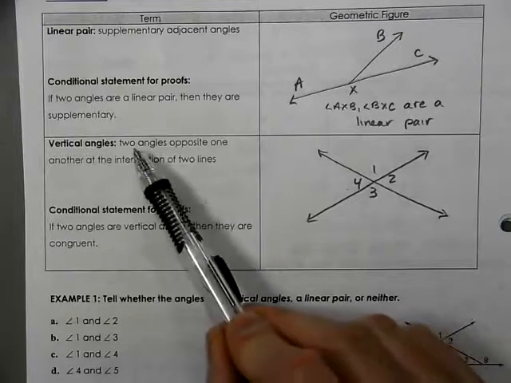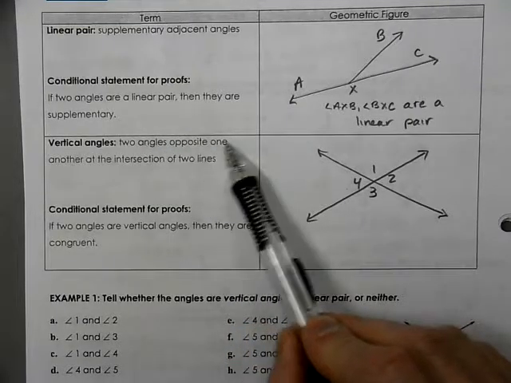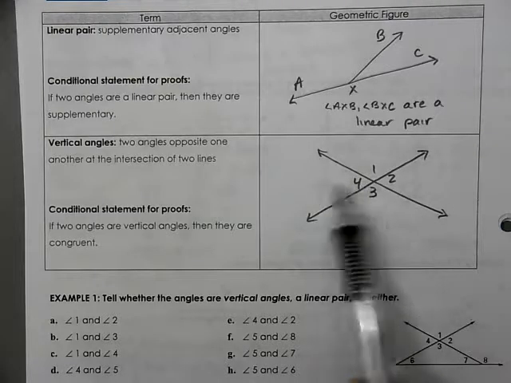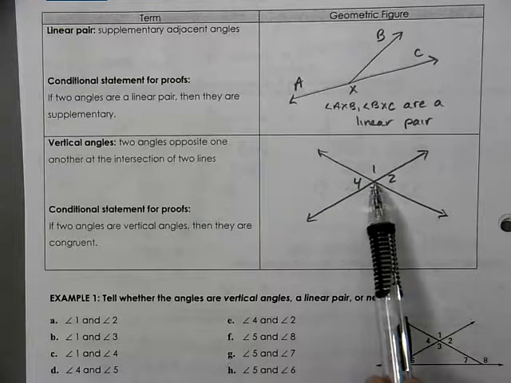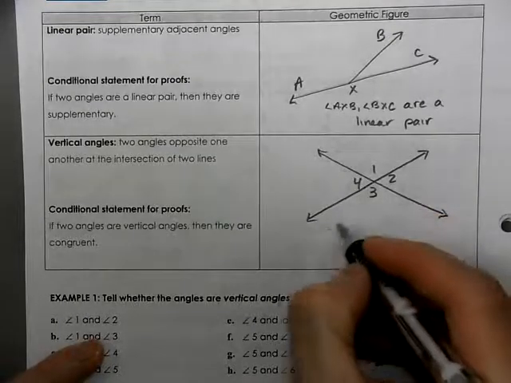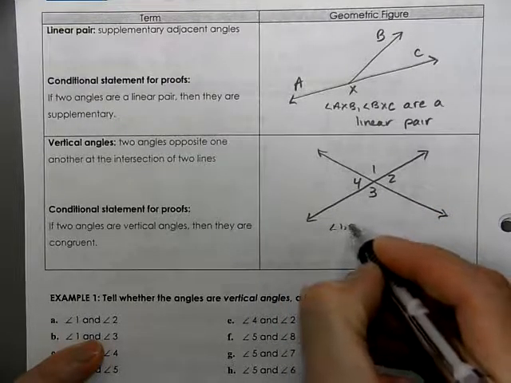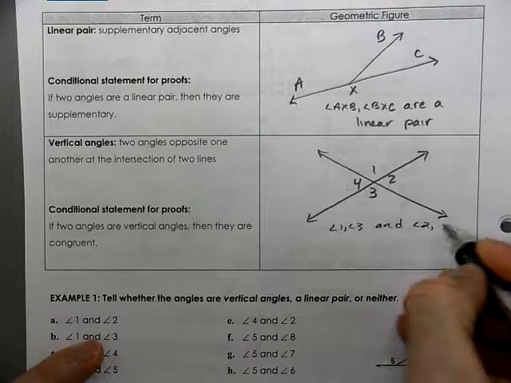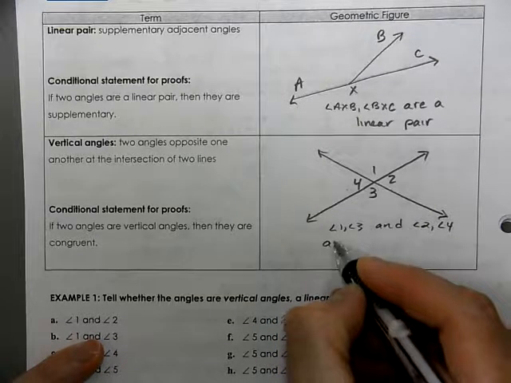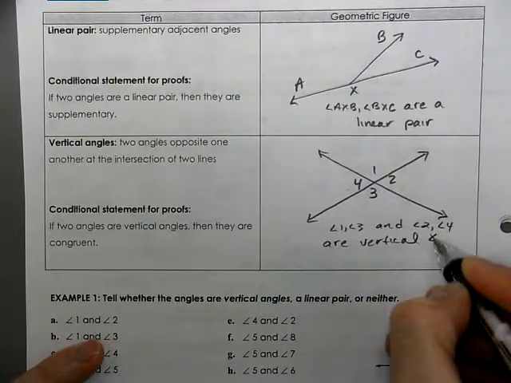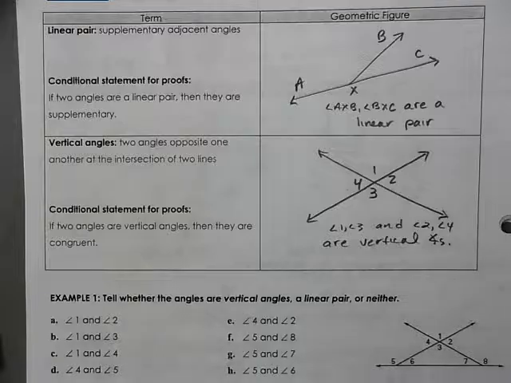But if they're two angles opposite one another, those are open in opposite directions. They have the same vertex, but they open in opposite directions. So angle 1, angle 3, and angle 2, angle 4 are vertical angles.